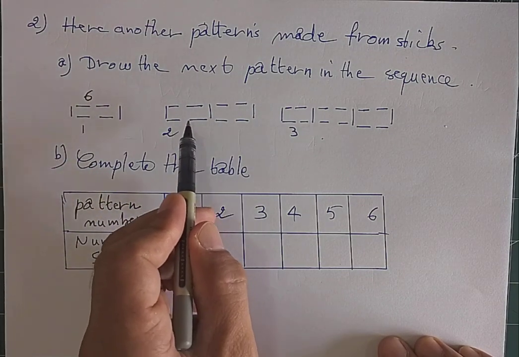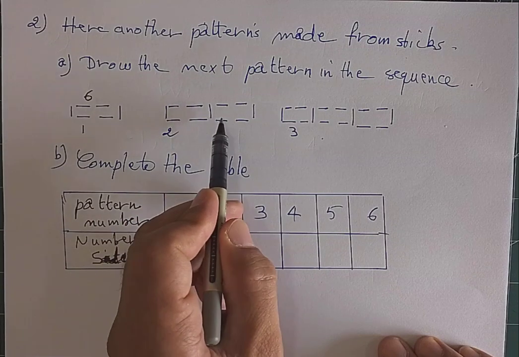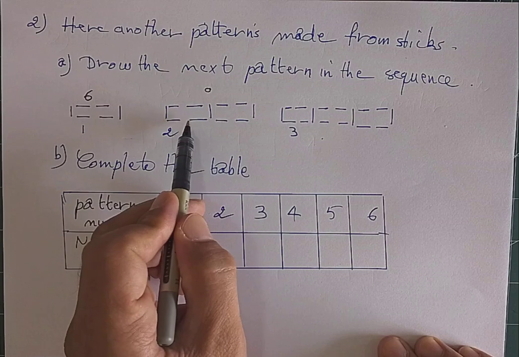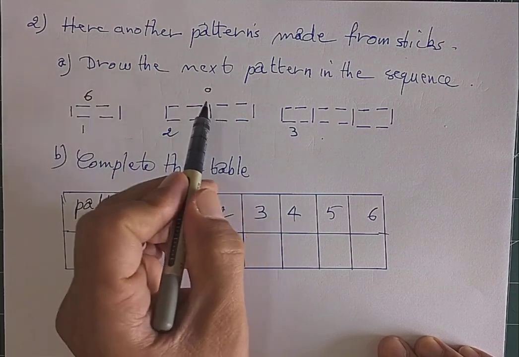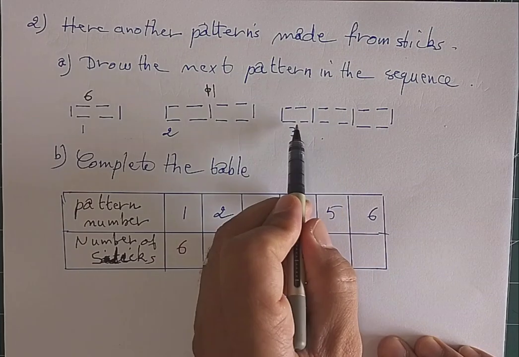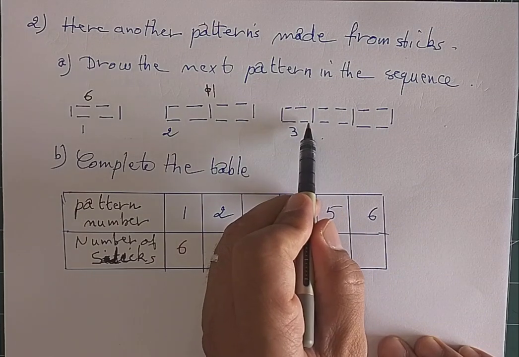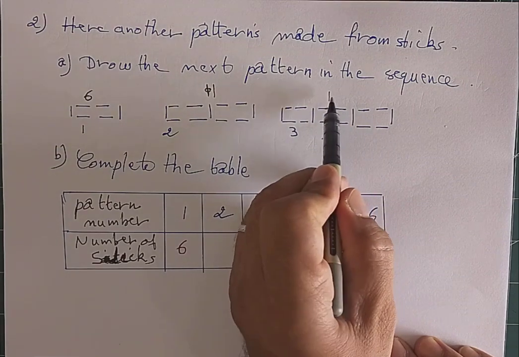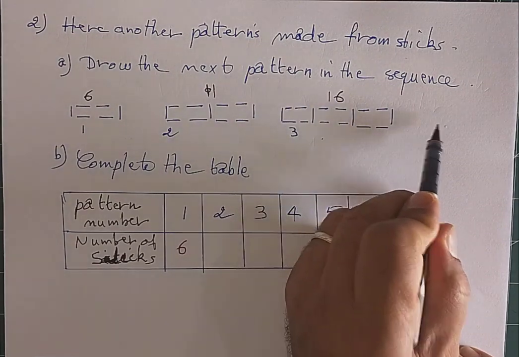In the second one we have 6 and we add 5, so 6 and 5 is 11. Then to 11 we add 5, 16, and so on.